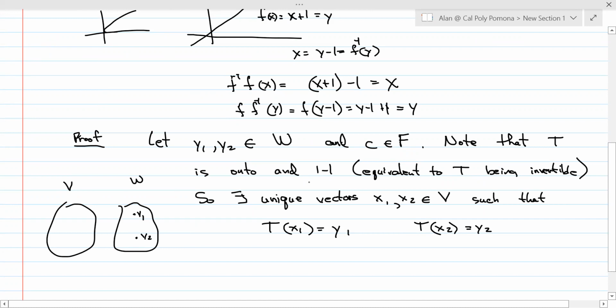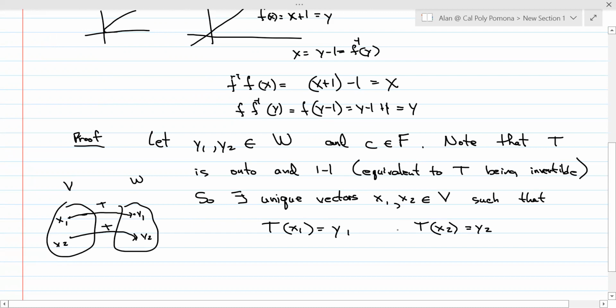Because T is 1-to-1 and onto, onto means that these places came from somewhere. Call the places they came from x1 and x2. Coming from them means that if you take T, you'll get this. T of x1 will give you y1, which is what this is saying. And T of x2 will give you y2.